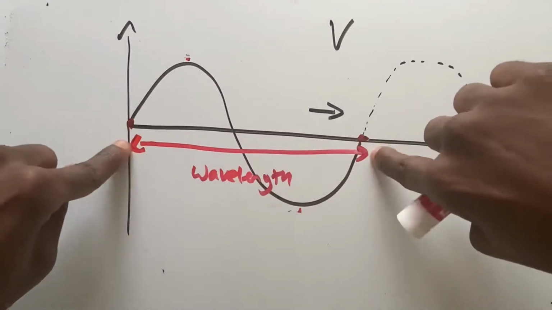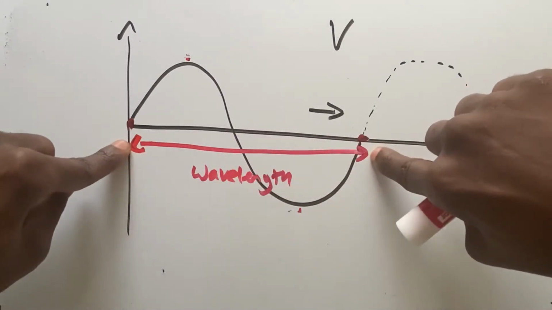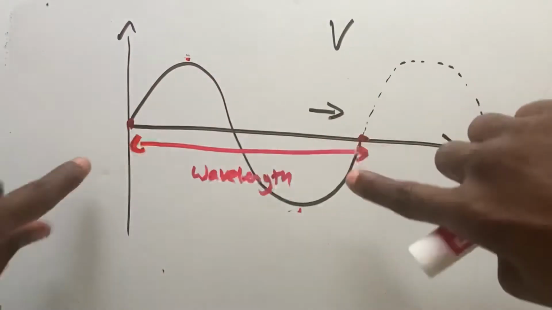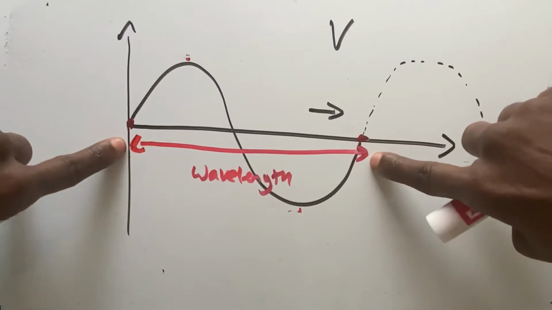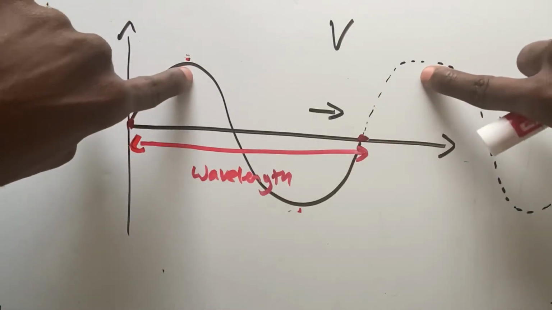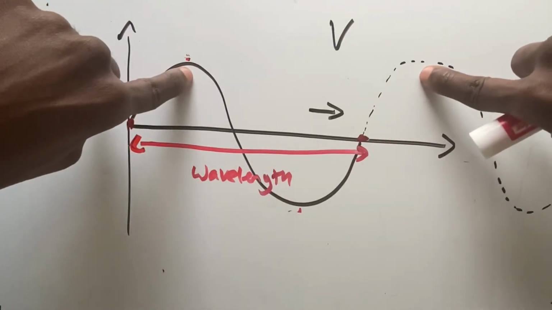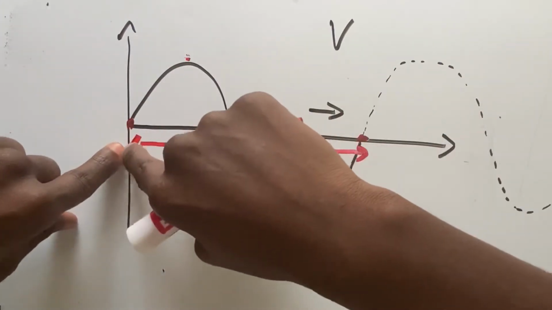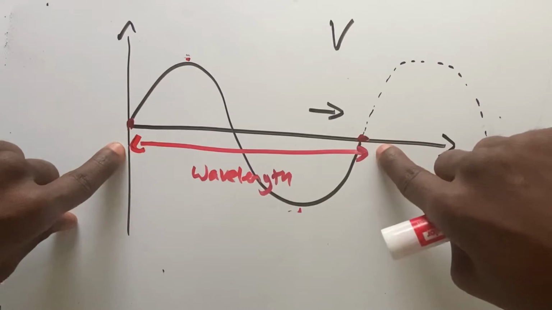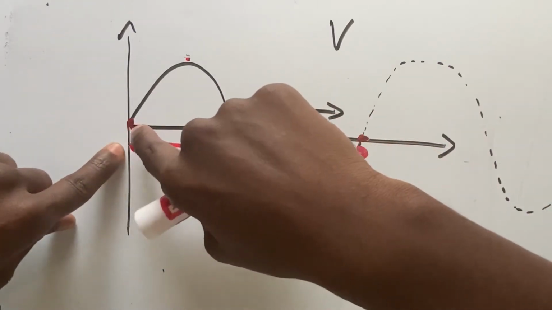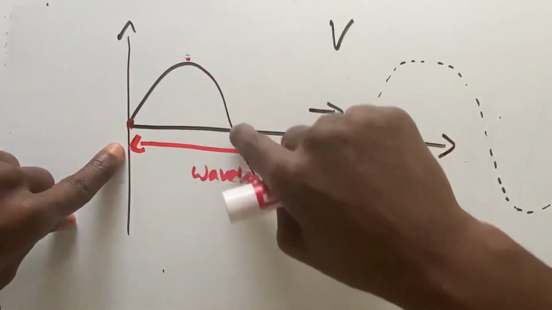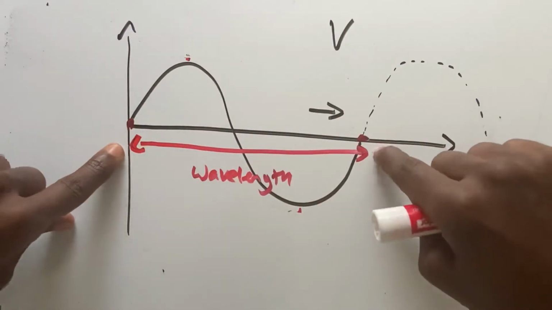But measuring from here to here is also the same as measuring from the top of one point to the top of another one. So here to here is the same as here to here. So this is one wavelength because that's how long it takes to do one full cycle. You can imagine the spring: it goes up, goes back down, and then goes back to where it started.